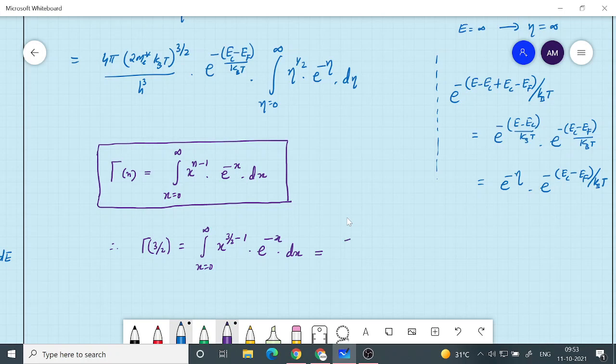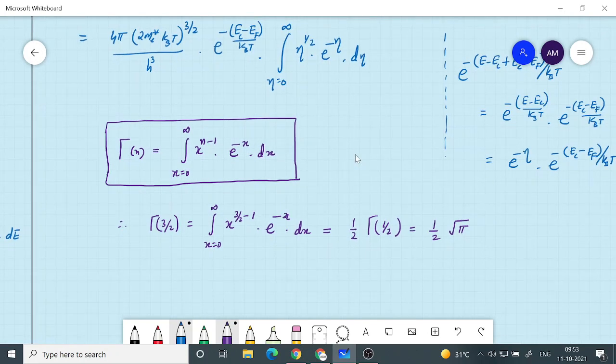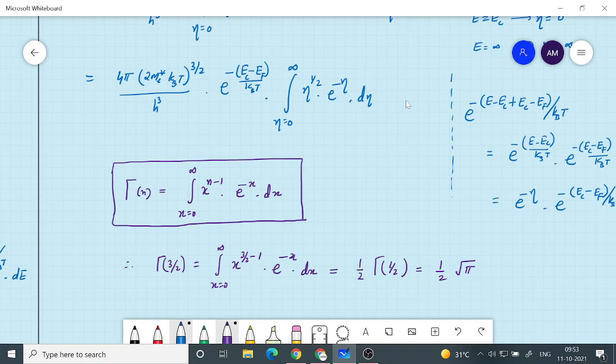Now this you can write as half into gamma half, and gamma half is given as square root of pi. So it is basically root pi by 2. So the given integral that we have, I can substitute as root pi by 2.